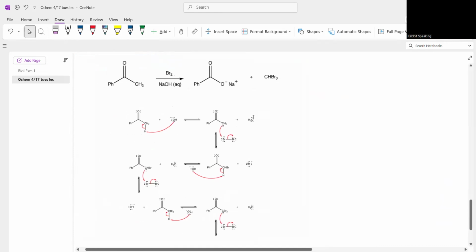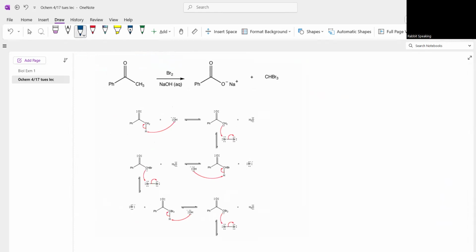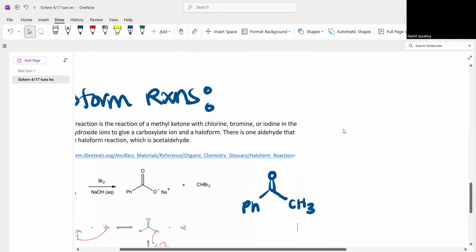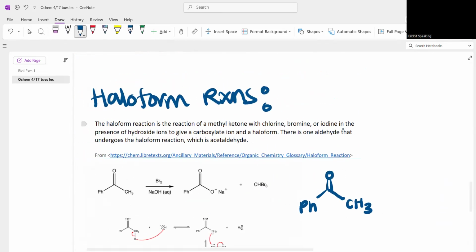Okay, let's draw it on the side while we do it. A haloform reaction is when you react a methyl ketone. So a methyl ketone has our carbonyl attached to a phenyl group, and then we have our methyl on this side. You react it with a halogen, so I'll write X2, in the presence of hydroxide ions.